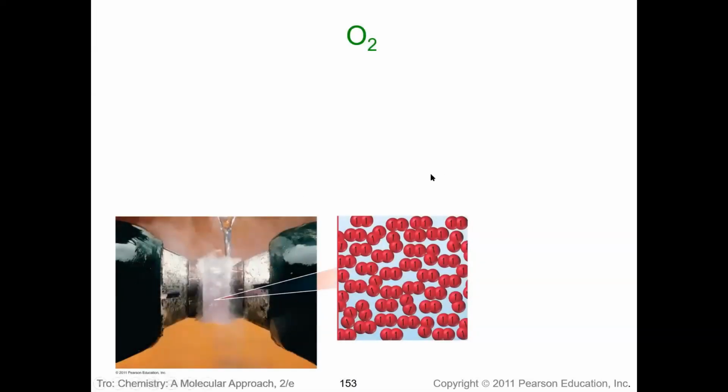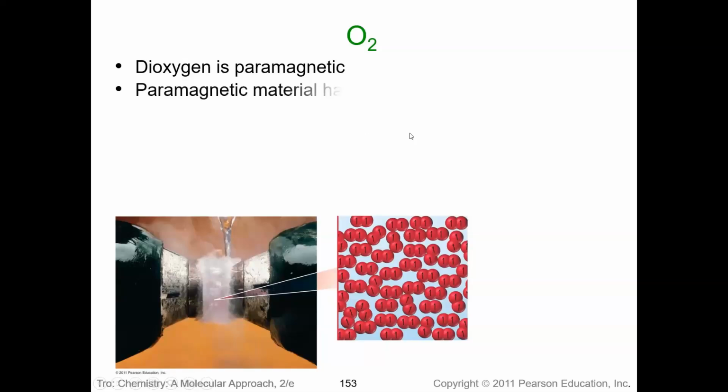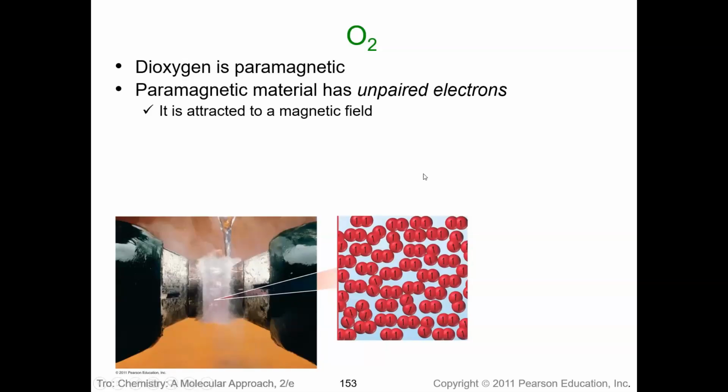Okay, so let's look at why this molecular orbital theory seems to be better than the other theories we've talked about. Okay, so oxygen gas is paramagnetic. Again, what is paramagnetic? It means it has unpaired electrons. But if you remember when we drew our Lewis structure for oxygen, it does not have unpaired electrons.